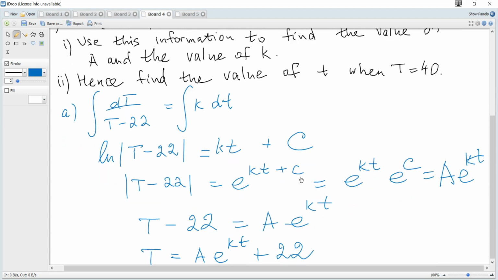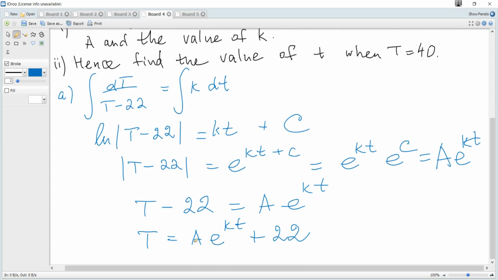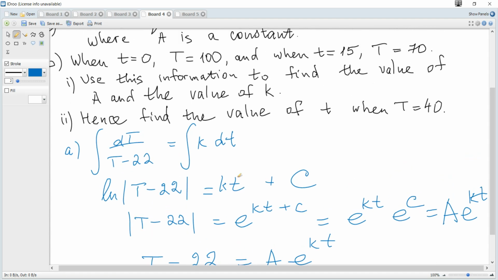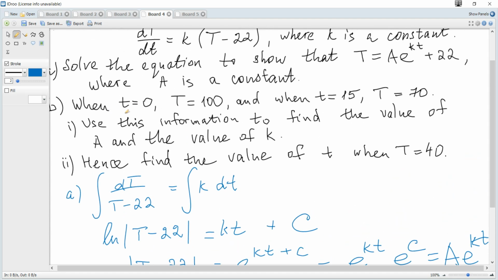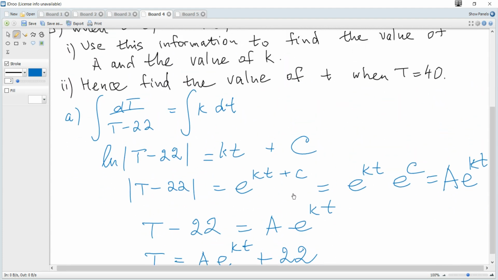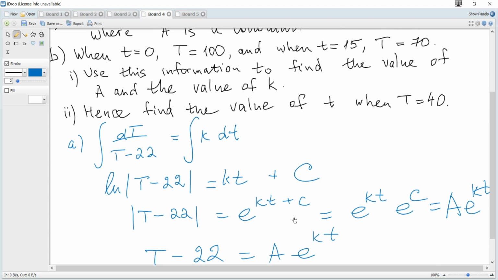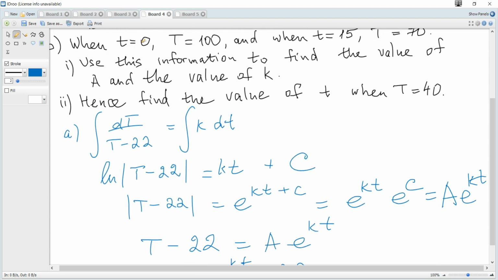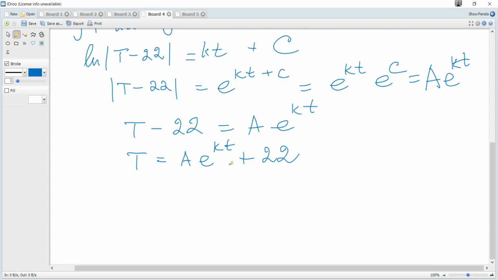And we can see that there are two unknown constants, A and k, and that's why there are 2 points, (0, 100) and (15, 70), that we can substitute to find the unknown constants. Definitely we can start with t equals 0 because it will be easier.